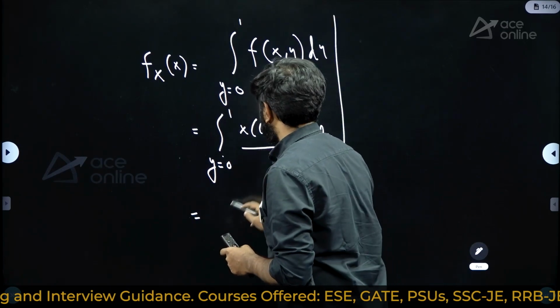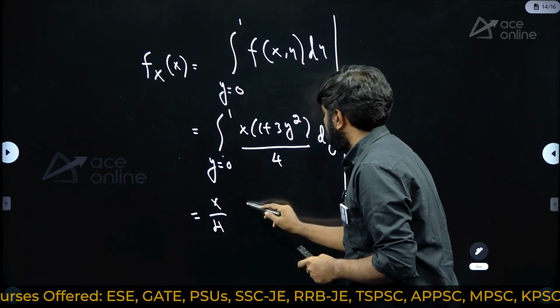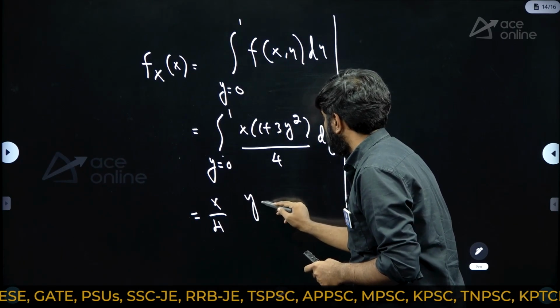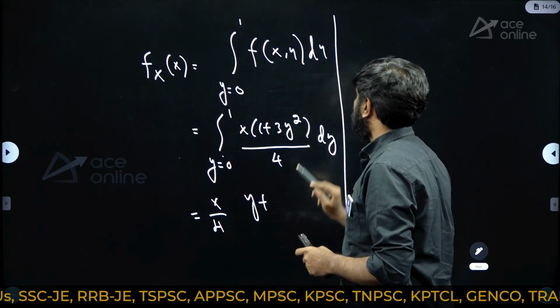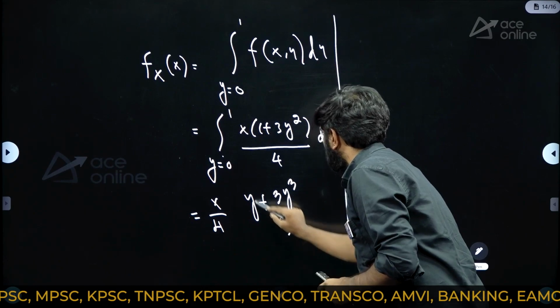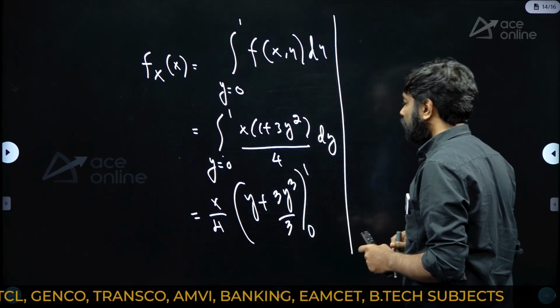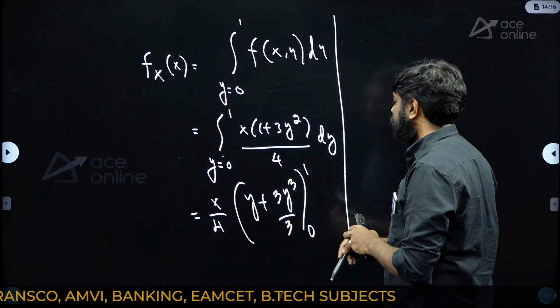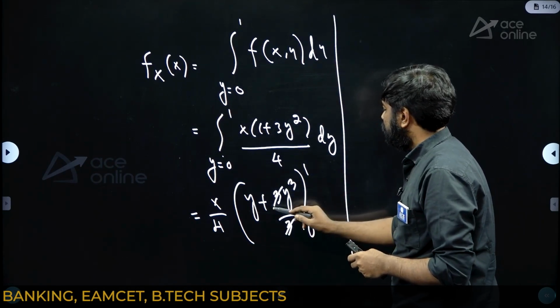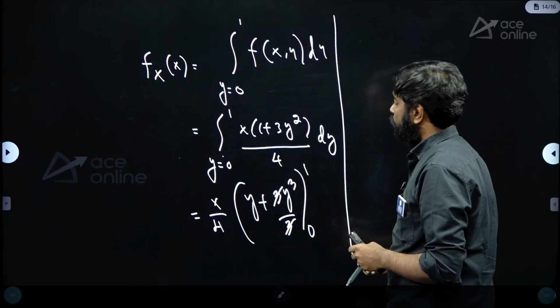So you can put x by 4 outside. What is left here? 1 dy. What is the integration of 1 dy? It is y plus, and the integration of 3y square is 3y cube by 3. And what are the limits of y? 0 to 1. After substituting the limits, this 3 cancels. When you put the upper limit, 1 plus 1 cube is 2.